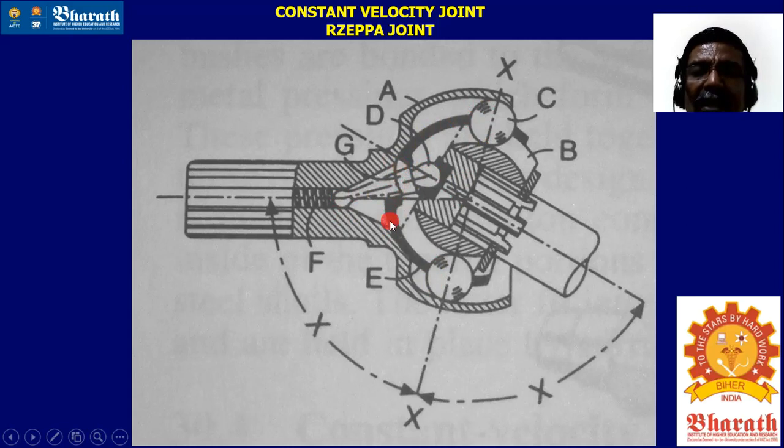Because of this geometry, this setup is able to keep the cage ball plane such that it bisects the total angle between the input shaft axis and the output shaft axis.